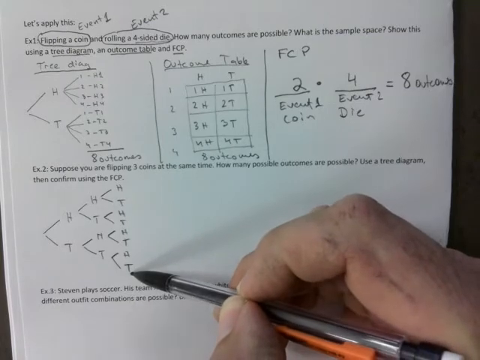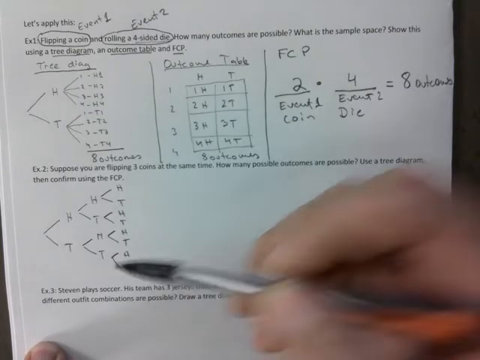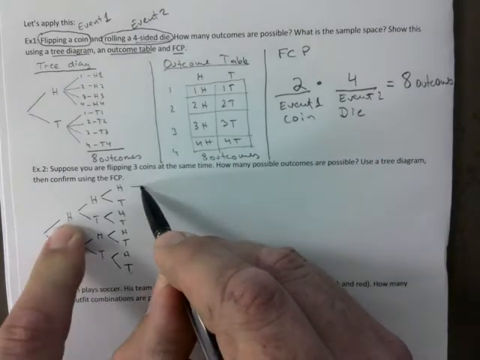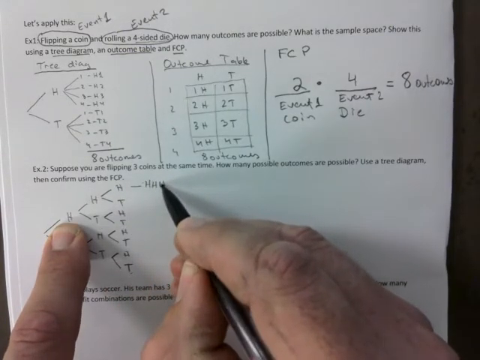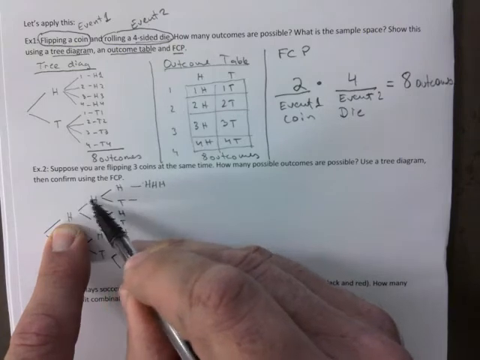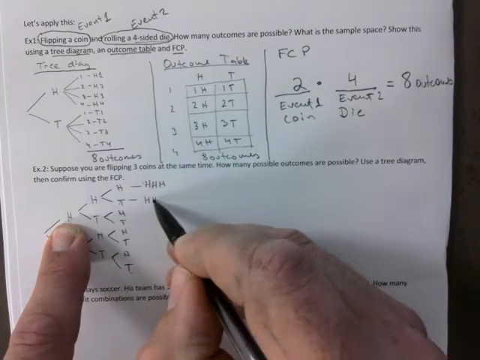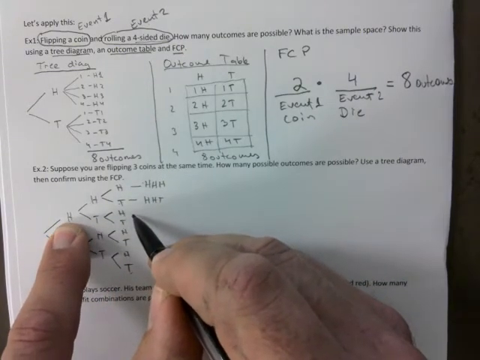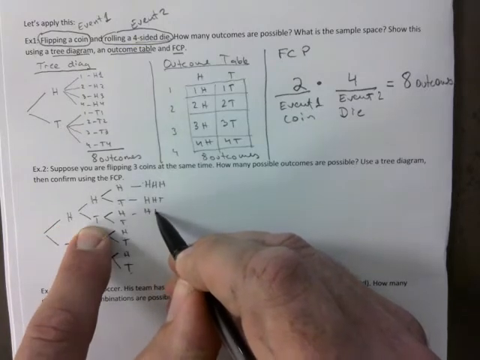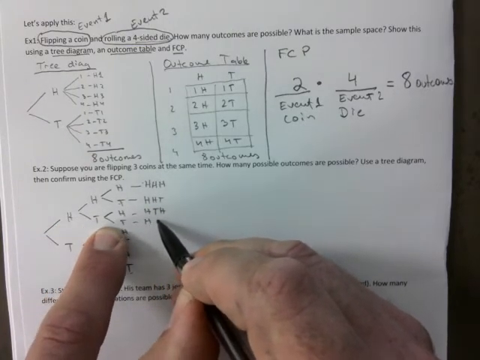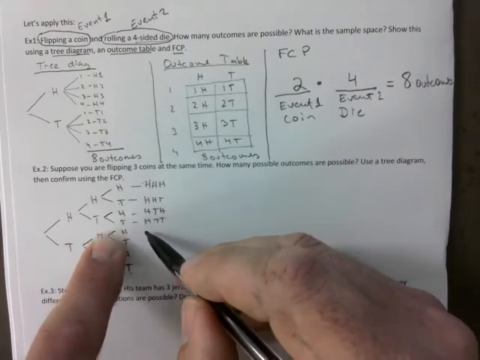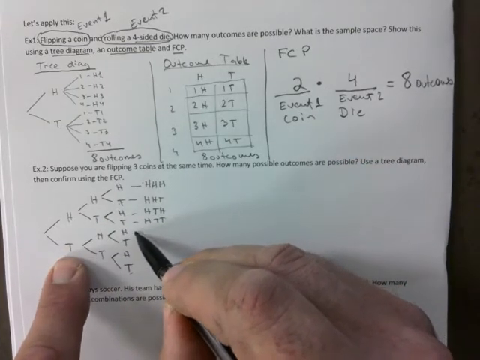8 outcomes. But if I ask you to list them, I want you to do this. You follow heads, heads, heads, and the second outcome would be heads, heads, tails, and then heads, tails, heads, so you gotta be careful, and then heads, tails, tails, and then I go here, right?